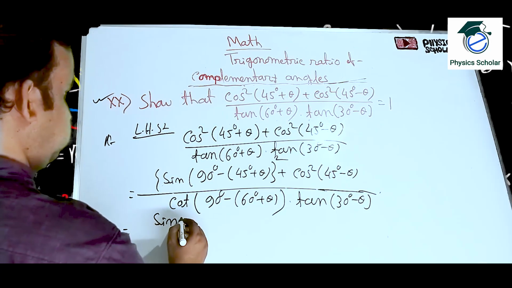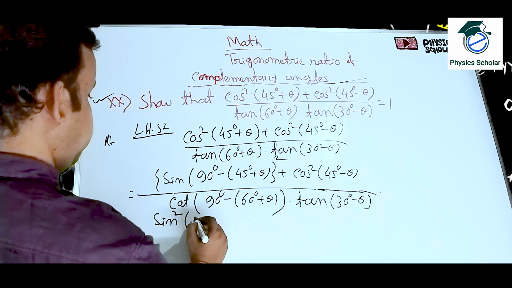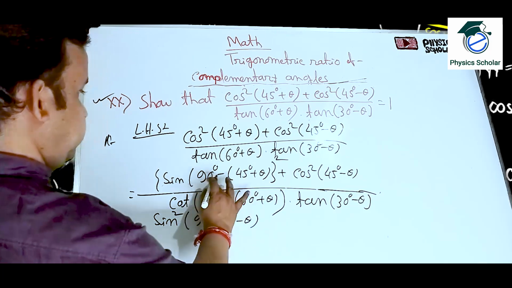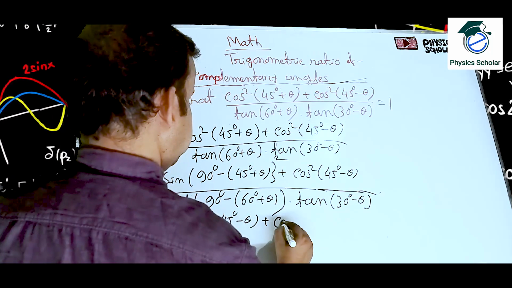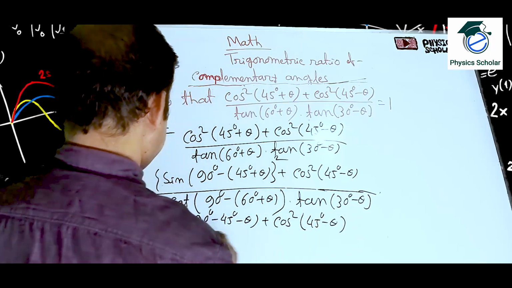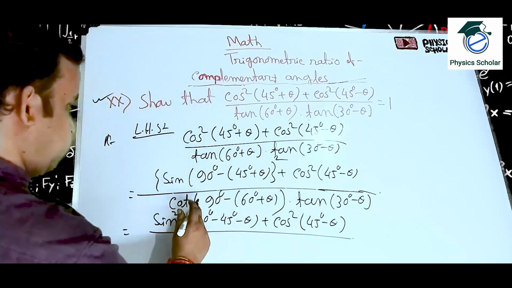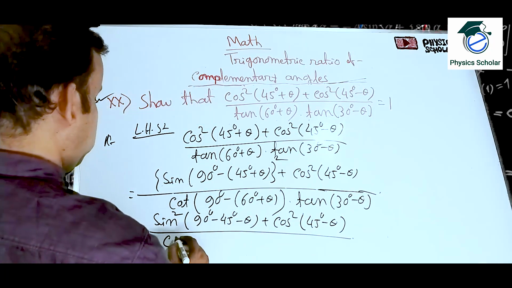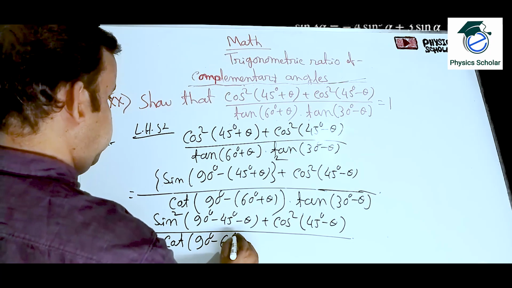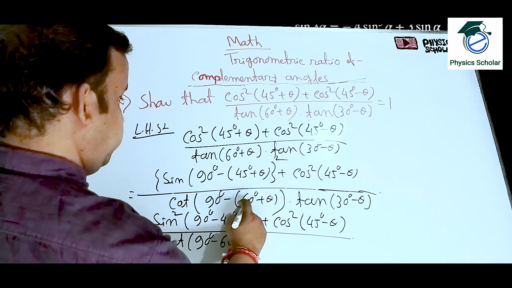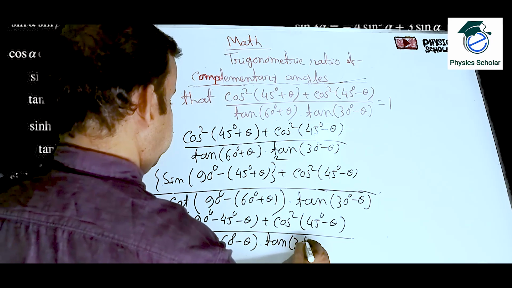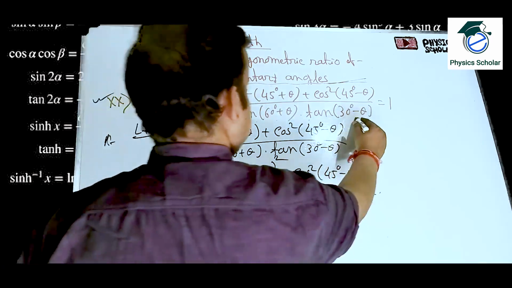Sin square of 90 degree minus 45 degree minus theta, this one, plus cos square 45 degree minus theta whole divided by cot 90 degree minus 60 degree minus theta, we are just omitting the first bracket, into tan of 30 degree minus theta.